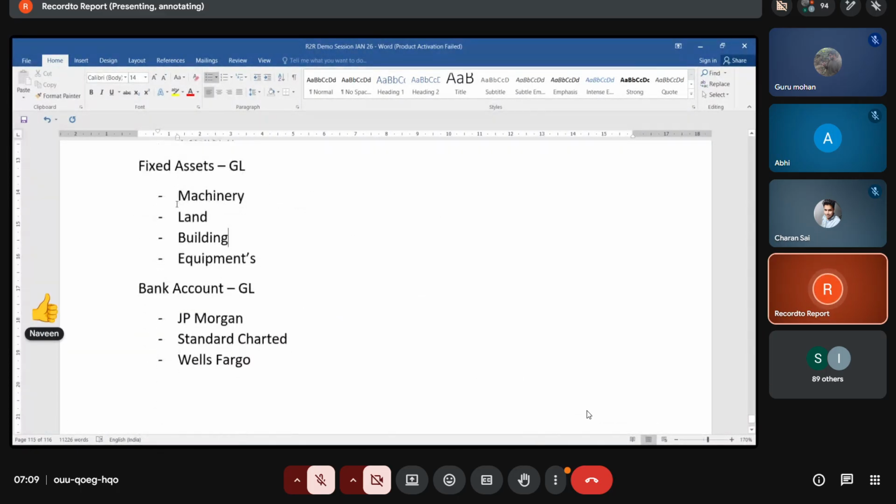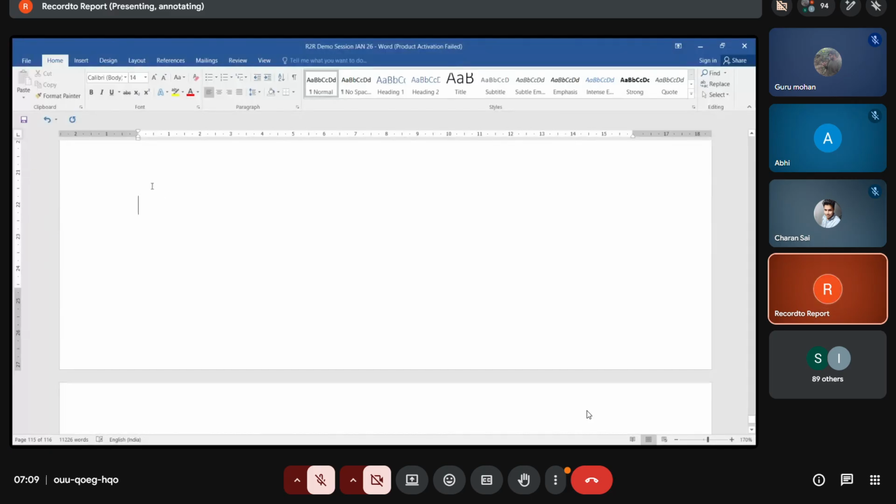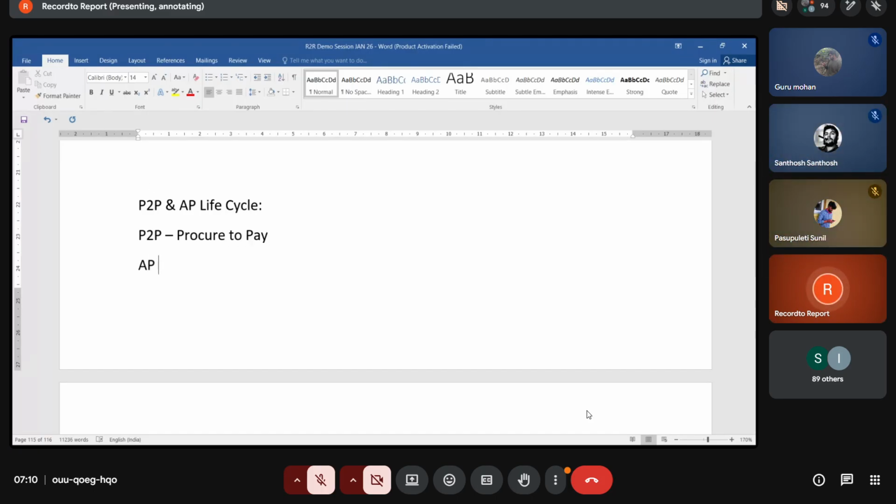So let's see how the P2P and AP life cycle works. P2P is nothing but procure to pay, and AP is nothing but accounts payable.